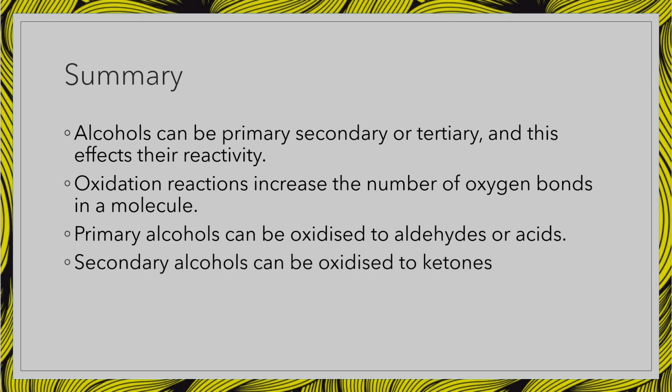Secondary alcohols can be oxidized to ketones, again using KMnO4 or K2Cr2O7. And tertiary alcohols cannot be oxidized, again, because there's already the right amount of bonds there, we can't add any more.